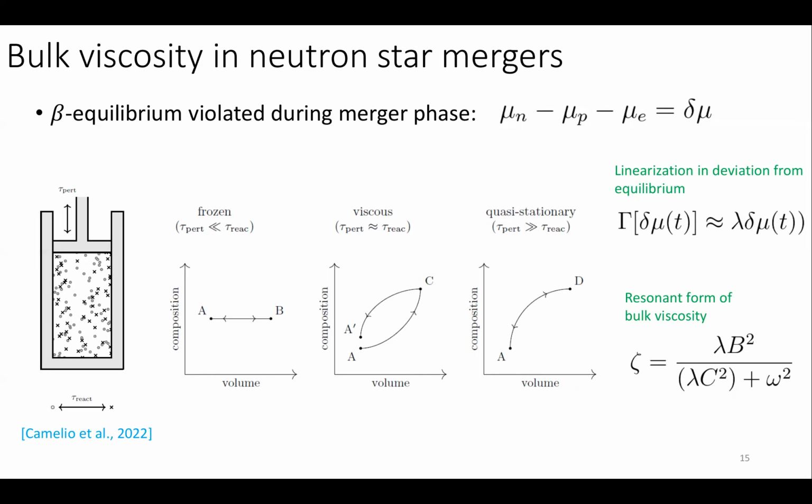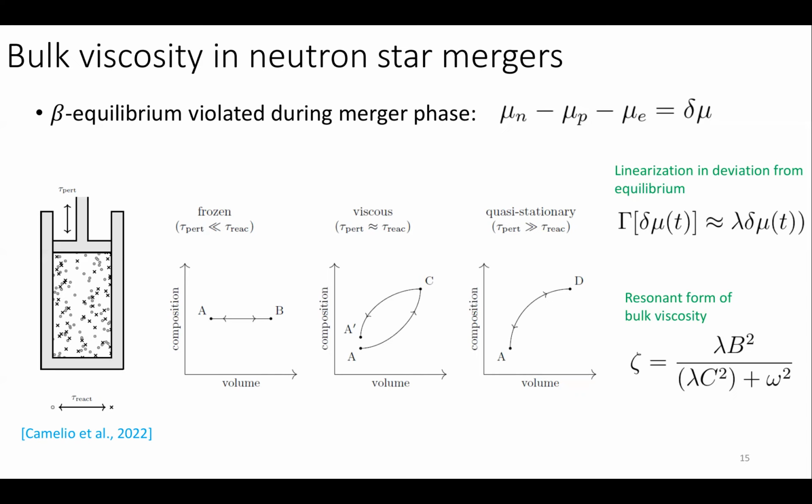But bulk viscosity is quite interesting because it appears exactly when the timescale of the perturbation is similar to the timescale of the reactions of the particles, which means that during one perturbation cycle, the particles at the same time are non-reversibly reacting with one another, such that entropy can be created.